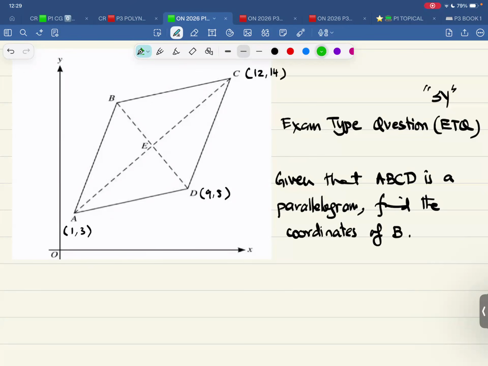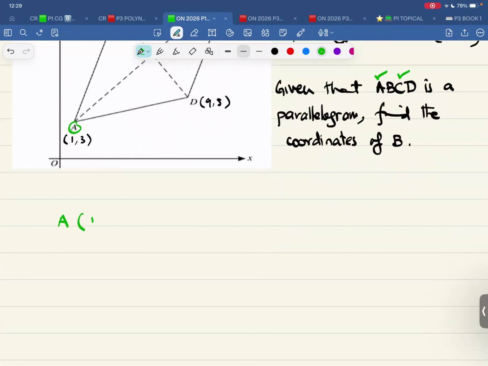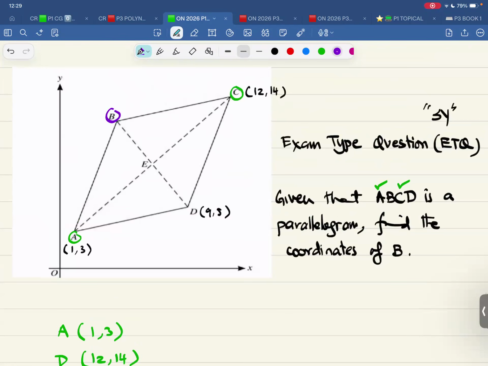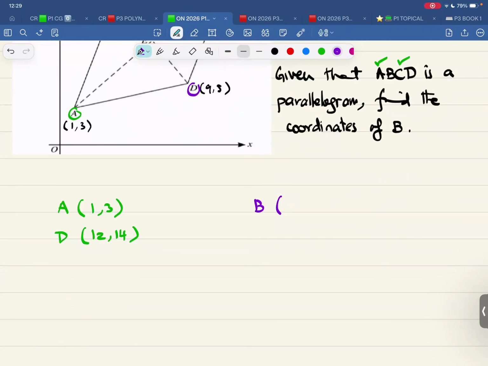Now focus on A, focus on C: 1,3 and 12,14. Focus on B, focus on D. So B is X, Y, unknown. D is 9,5.